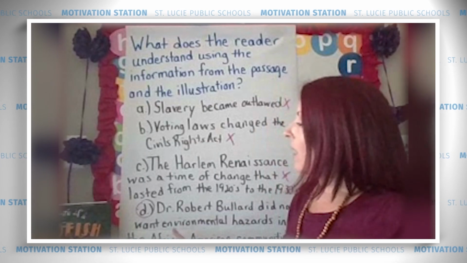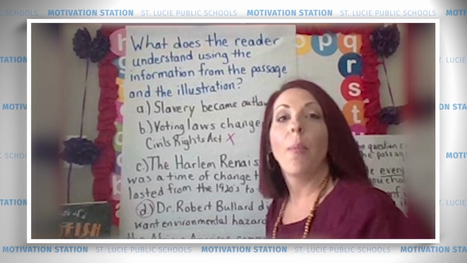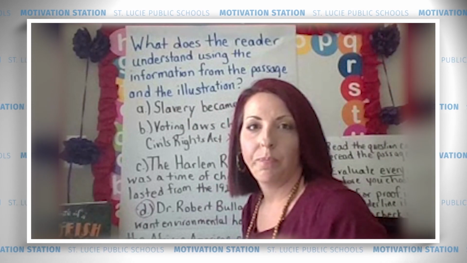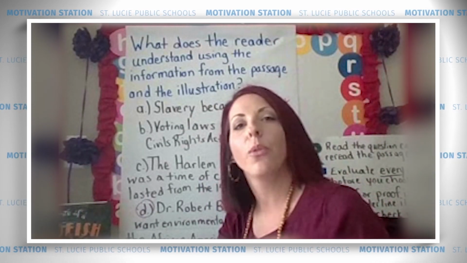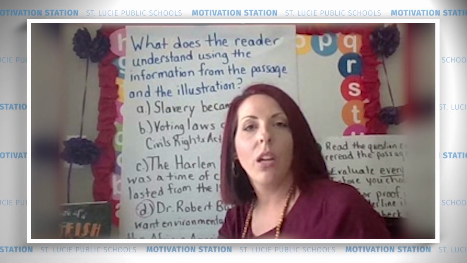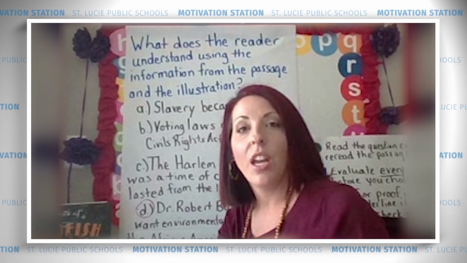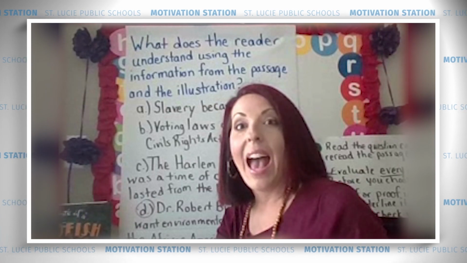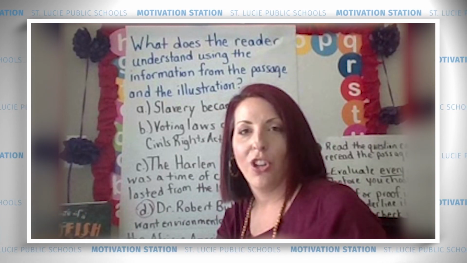So letter D is your best answer. So boys and girls, when you're working through your text, remember to not only use the strategy, but also use the information that's provided by the author as well as your pictures.